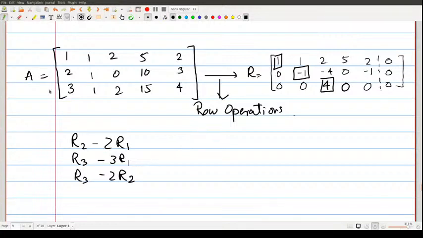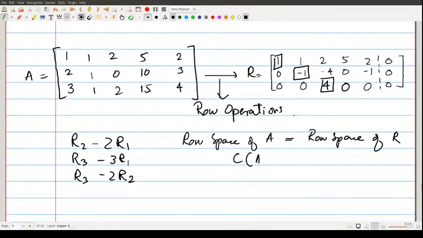So the row space of A is the same as the row space of R. In other words, the column space of A transpose is the same as the column space of R transpose. That is because the row operations are just taking linear combinations of the rows, so the row space is not going to be changed by these row operations. Okay, that's the first thing.